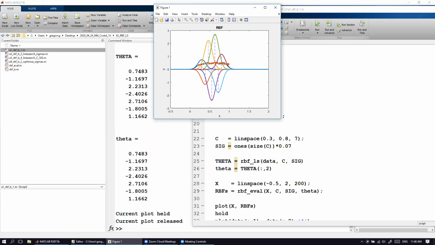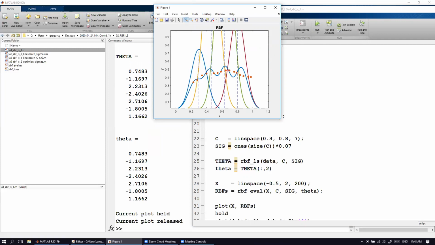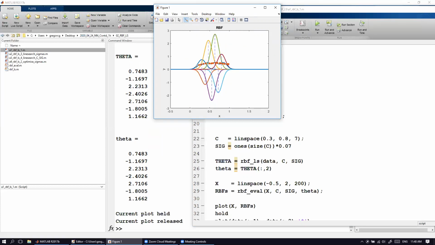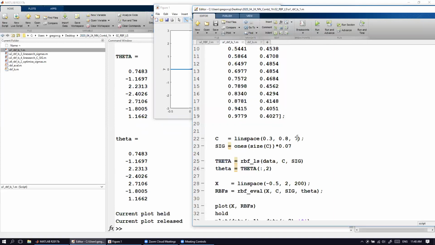Now some of them are positive, some of them are negative. However, our approximation looks better. Let's say the maximum weight here is close to 3, and the minimum is about minus 2.5.